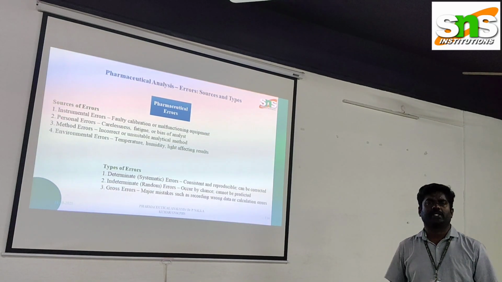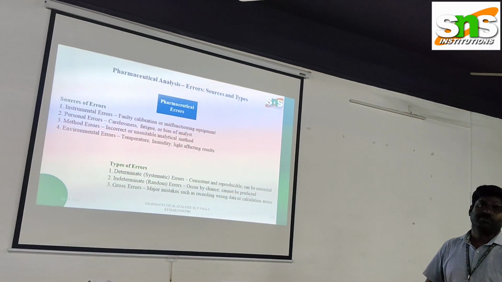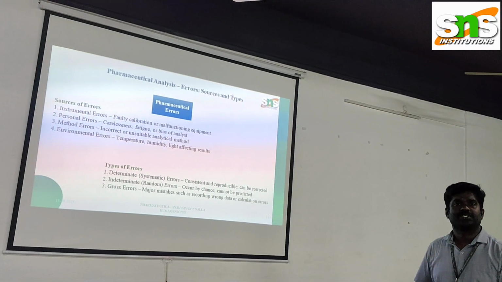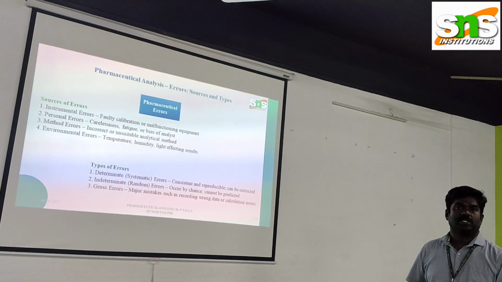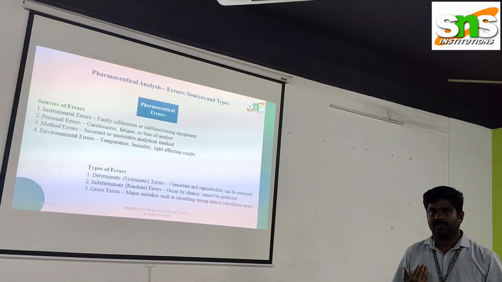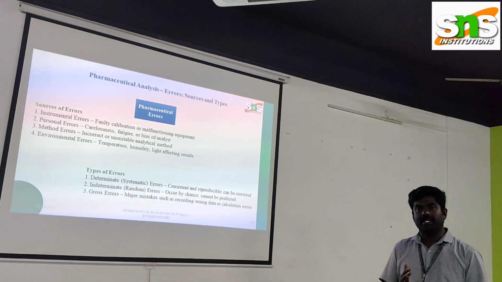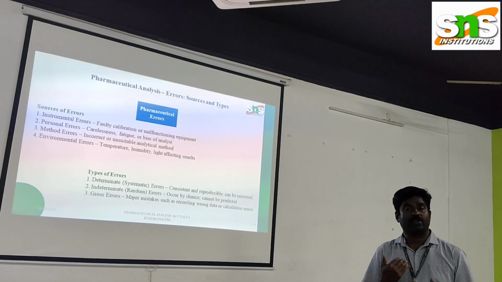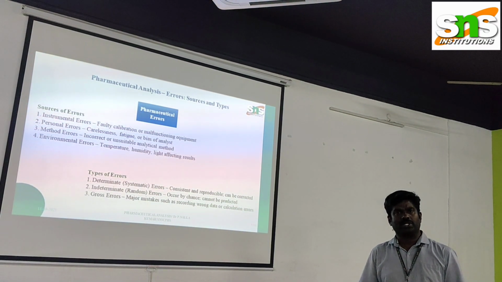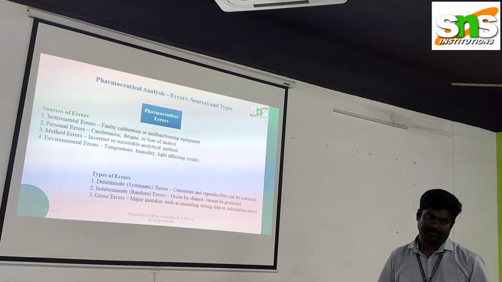Even in electrochemical methods of analysis, if you are performing potentiometry, conductometry, polarography, or amperometry, these are the techniques we use to collect the readings. From the readings, we convert or draw the graph and find the endpoint. So during the calculations also, there is a possibility of getting some errors.